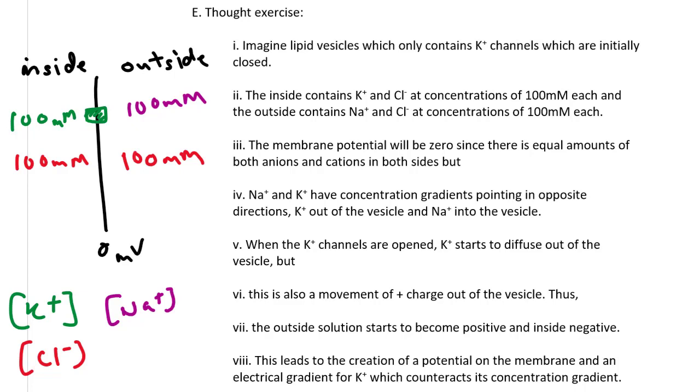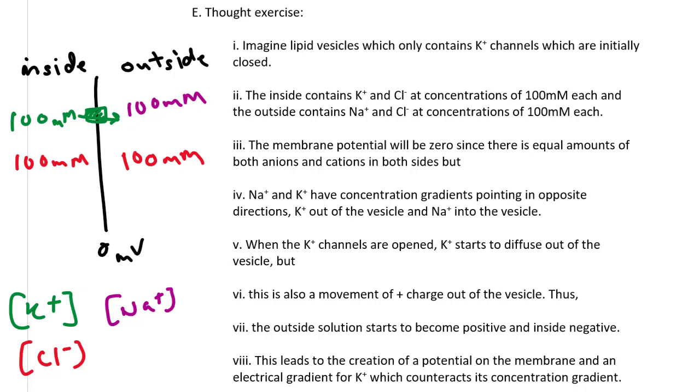When potassium channels are open, potassium starts to diffuse out of the vesicle. So if I open this channel, potassium will start to diffuse out, moving from inside to outside. This is also the movement of plus charge out of the vesicle, thus the outside solution starts to become positive and the inside negative.